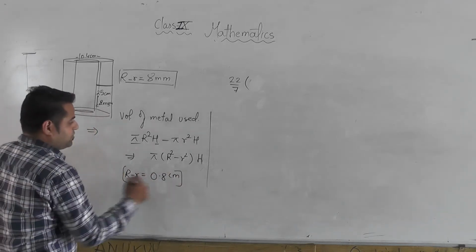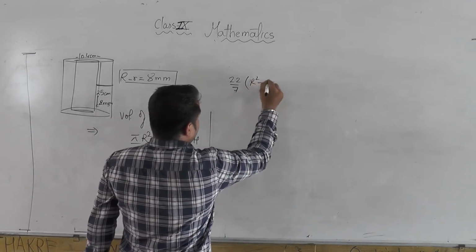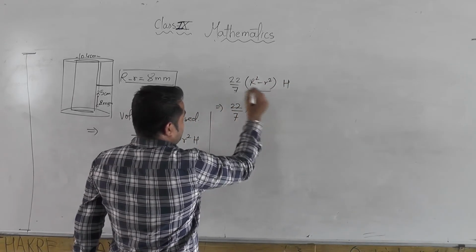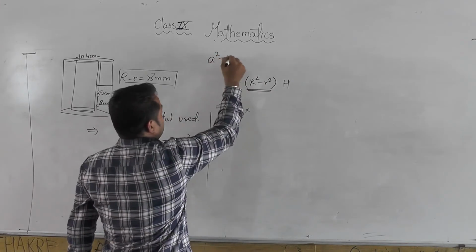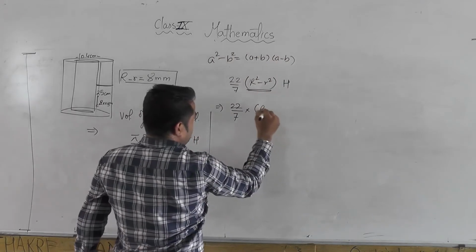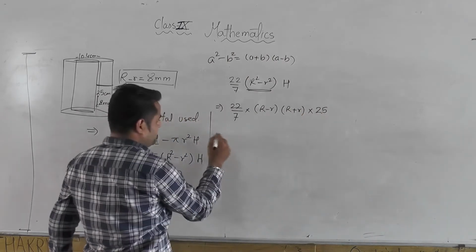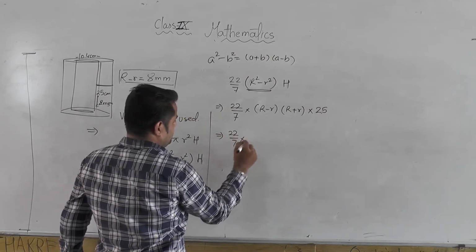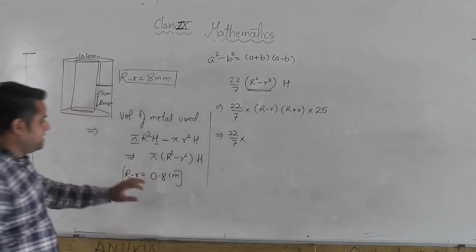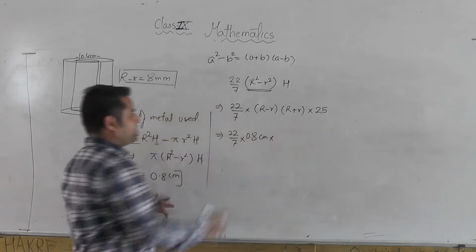So see what I am doing here. R square minus r square, times H. I am applying the formula a square minus b square, which is (a plus b)(a minus b). So I am putting R plus r times R minus r, and the height is 25 cm. So 22/7 times R minus r, the thickness, which is 0.8 centimeter, times R plus r.